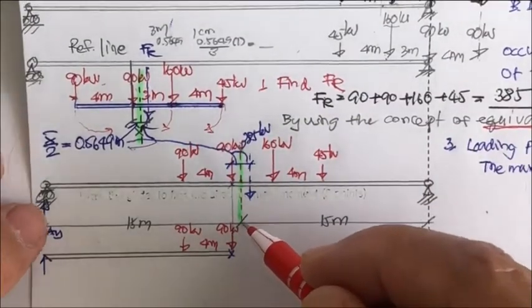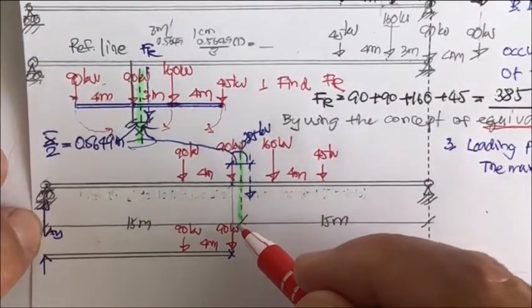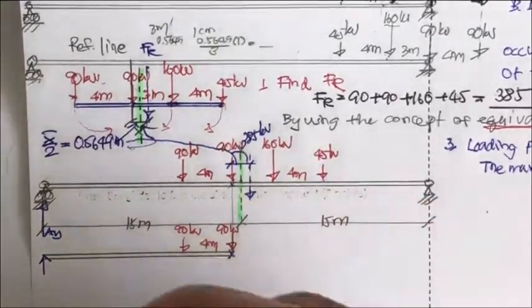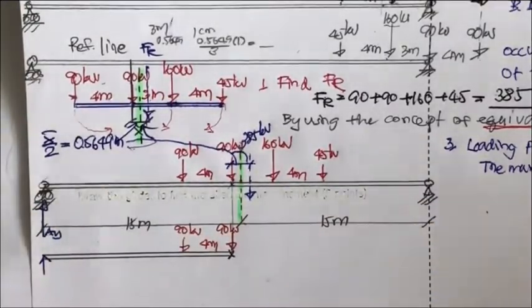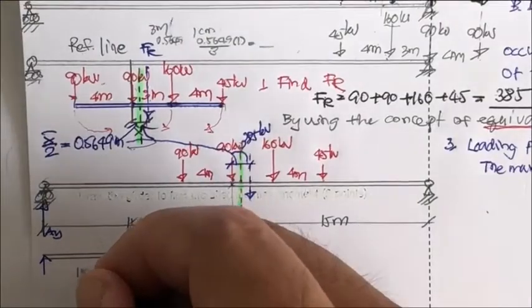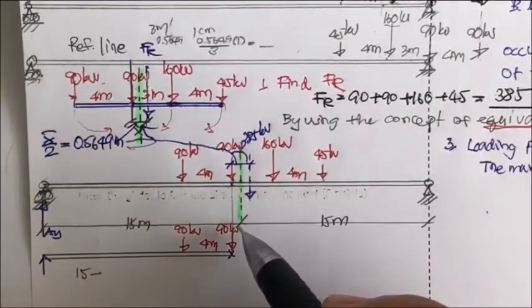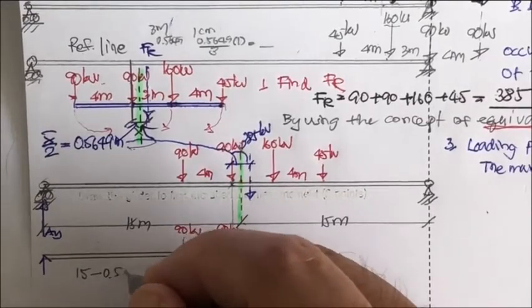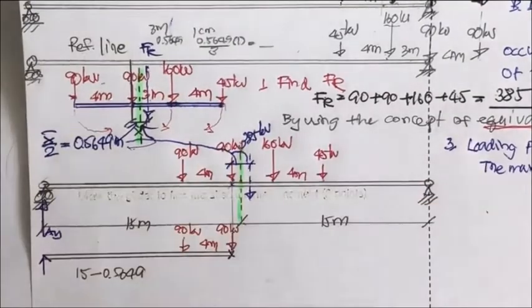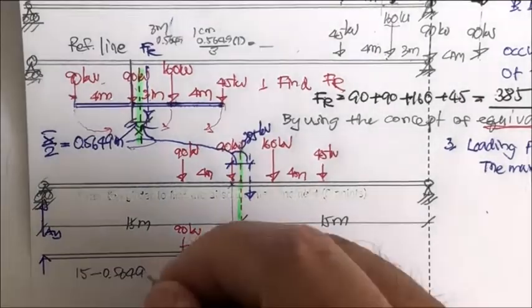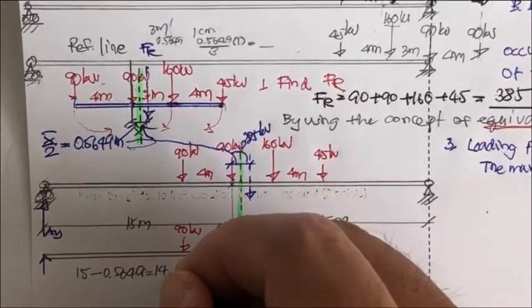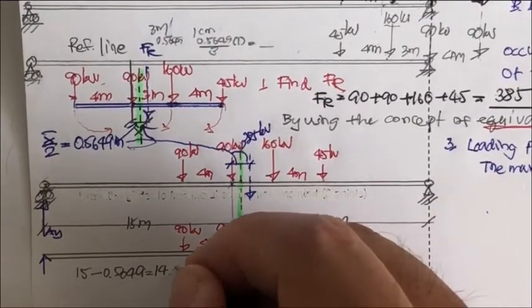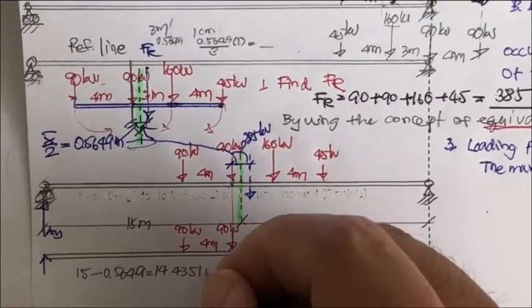This is going to be 15 minus 0.5649, and you may have this one as 14.4351 meters.